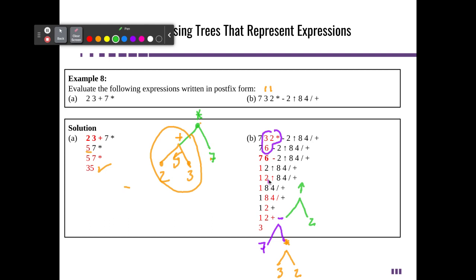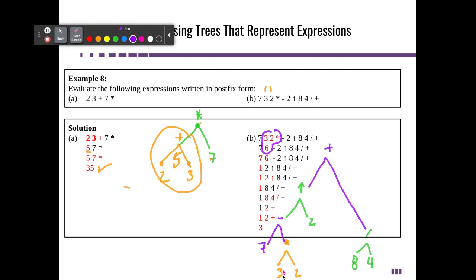So that would give us 1 squared, which is 1. But then we skip over here, and we would have an 8 and a 4 with the division sign. And then that would give us 2. And then from there, we'd have our 1. So I'd be back here with this. So this is our 1. And then this guy, and that's going to be a plus. So that would be that.